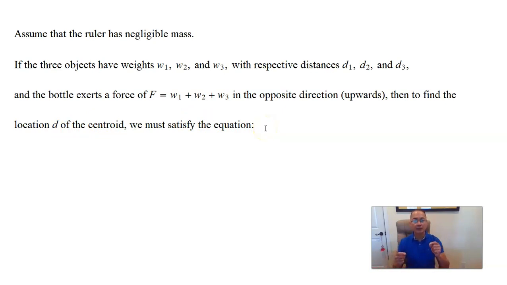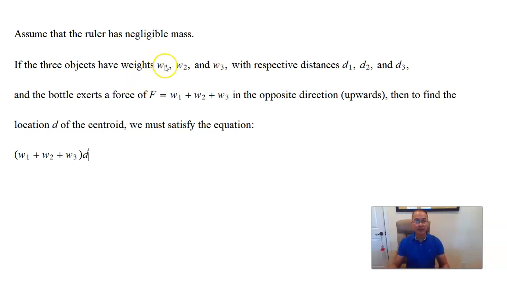We said that F is producing a counterclockwise rotation, so its moment is positive. So its moment is force, which is these three, times D, which we don't know. To achieve balance, the total moments acting on the system should add up to 0.